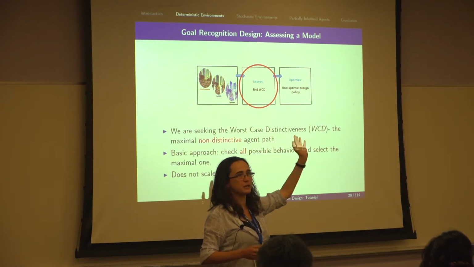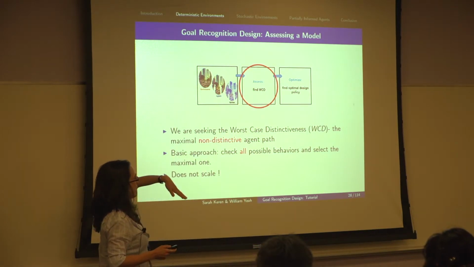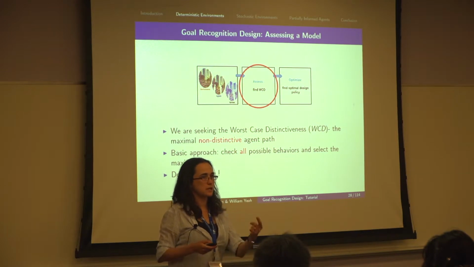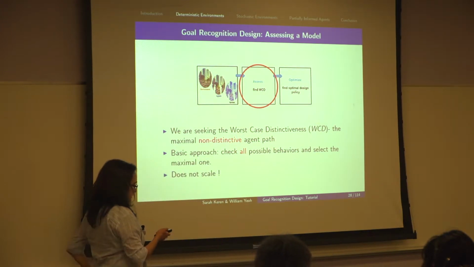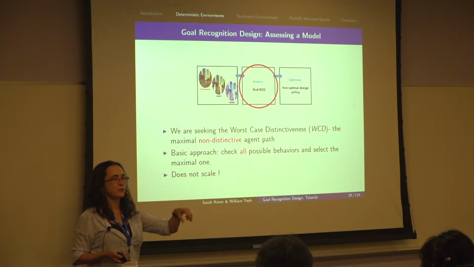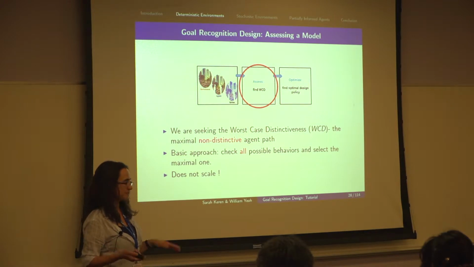There may be an exponential number of possible paths. We want to account for them all, and we want the worst case. So how do we do that? If we do that exhaustively, just BFS exploring all the possible paths, that doesn't scale.